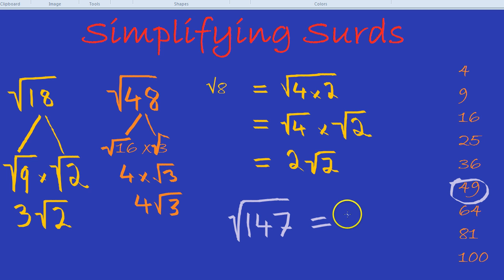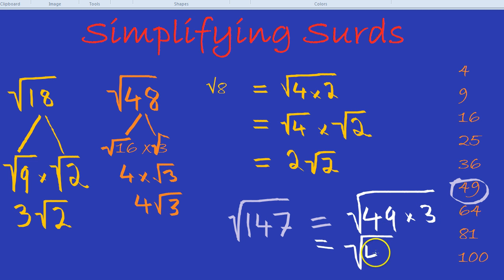Root 147 is the square root of 49 times 3, which is 147. Separating that out, you've got the square root of 49 times the square root of 3, and the square root of 49 is 7. So it becomes 7 root 3. And that is how to simplify surds.